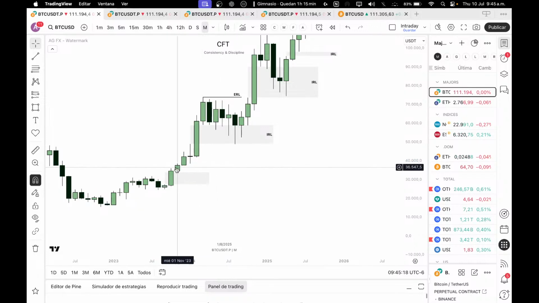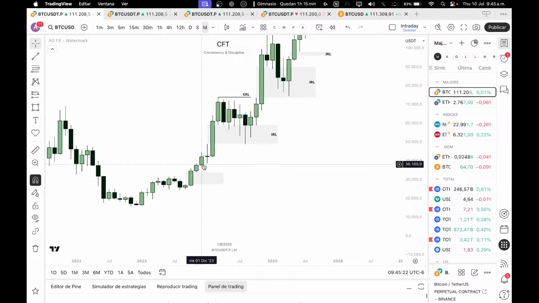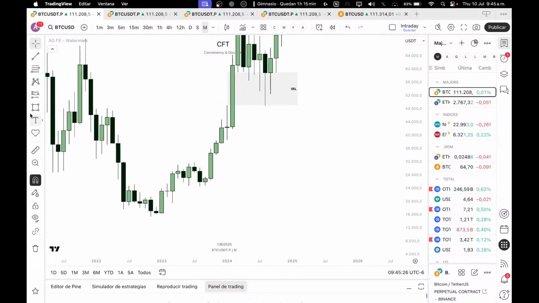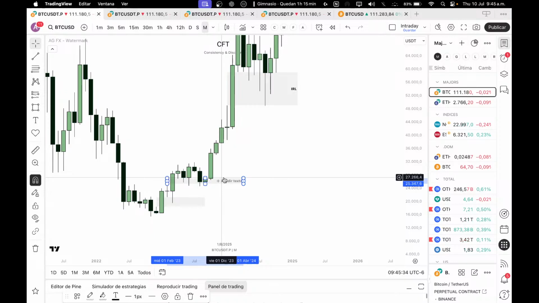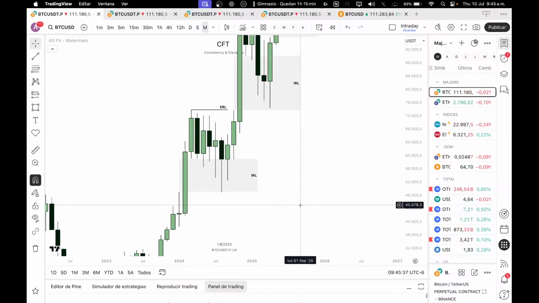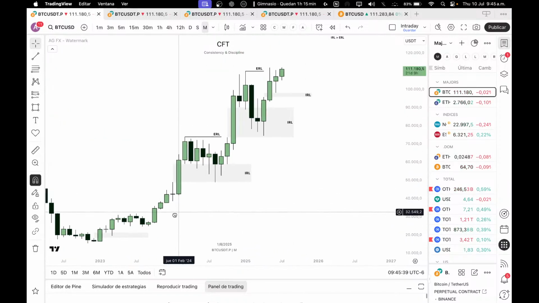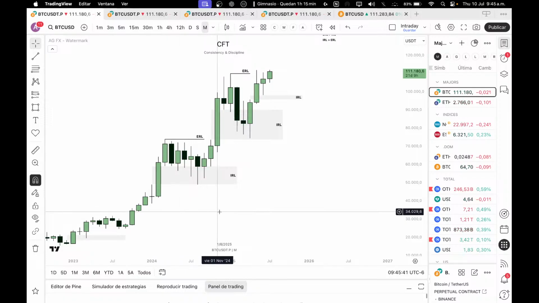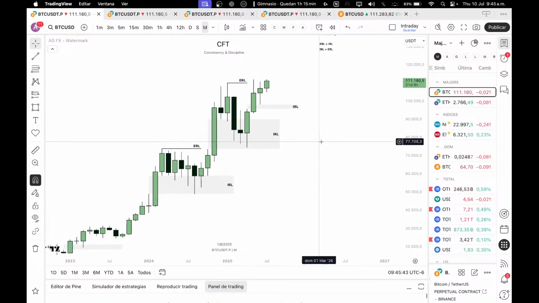Why? Because we never have any daily shift in structure, so we just continue along. But you can see this is always the same pattern: internal to external, internal to external. Sometimes it's not that clean, but in general these last 2 years it has been quite clean on a lot of pairs, not only Bitcoin, on Ethereum too.